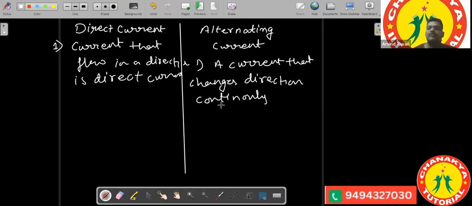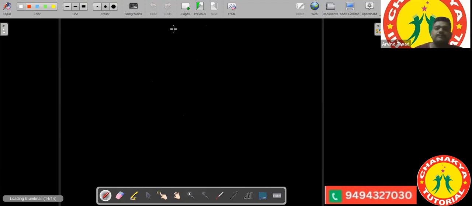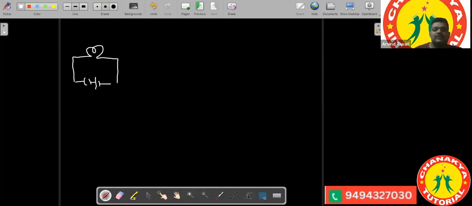Okay. So if you see an alternating current, it is something like this. Suppose you have a bulb and a switch, connected with a cell. This is a DC supply. If you have an AC supply, again you have a switch and a bulb, but now here you have an AC source.